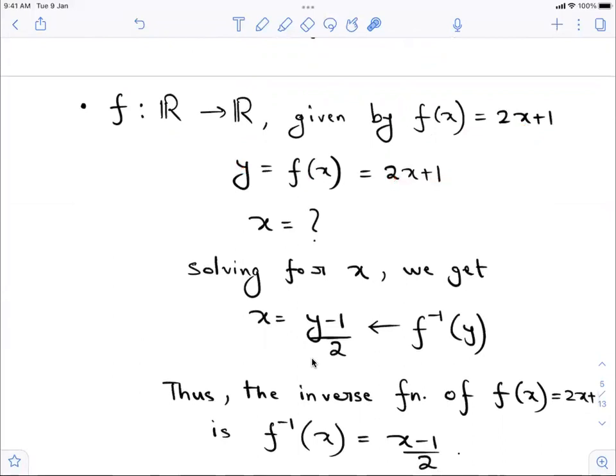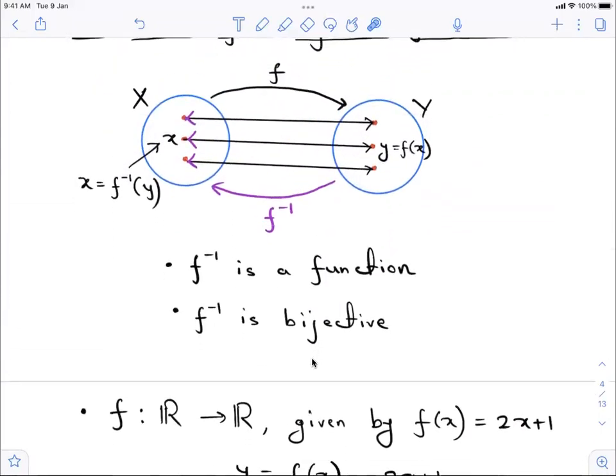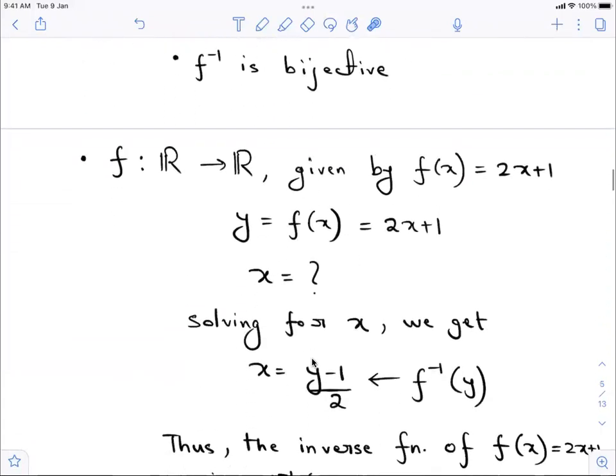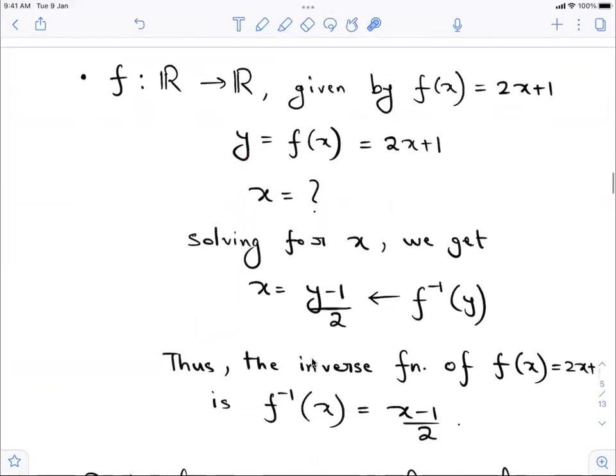So basically, to get the inverse, see that the role of x and y is interchanged. That means now I have to write x in terms of y. So from this equation, I have to solve for x. So x is what function of y? That's what I have to find out. And that's not too hard to do here.